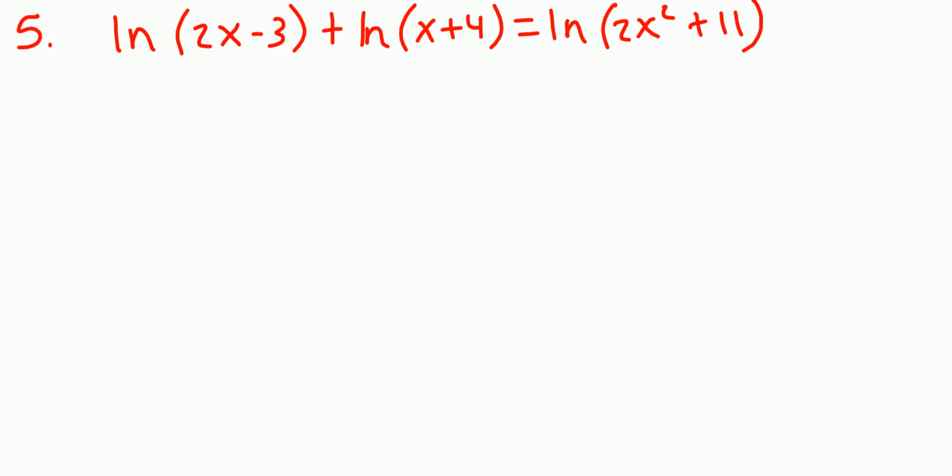So this time we have 2 logarithms on this side of the equation and 1 on this side. It's okay to have 1 logarithm on each side of the equation, right? But you can only have 1.